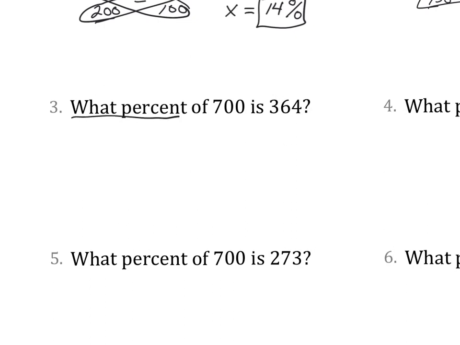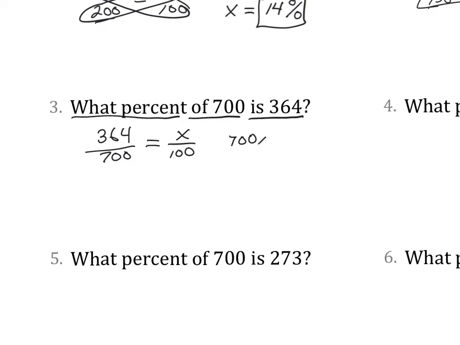What percent of 700 is 364? Is over of: 364 over 700 equals x over 100.